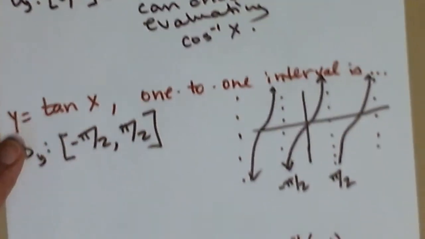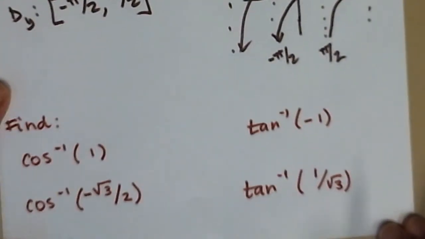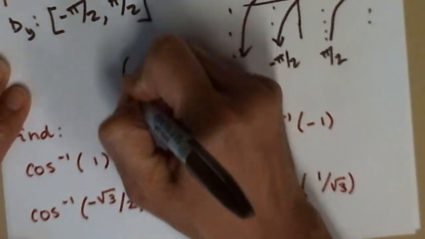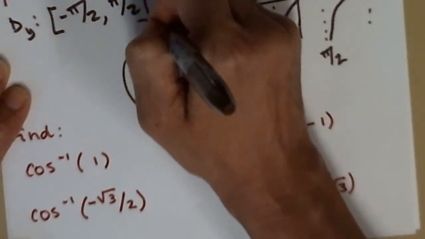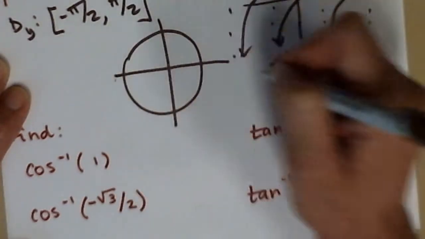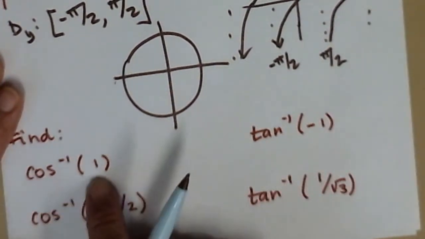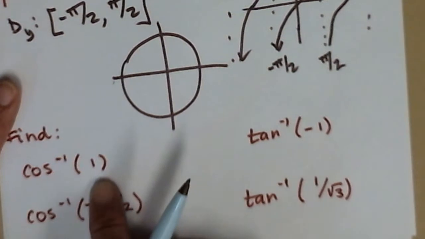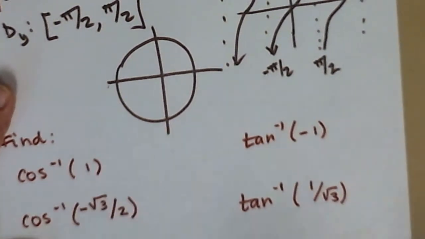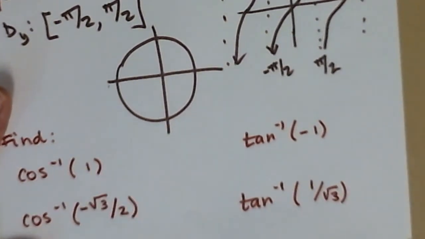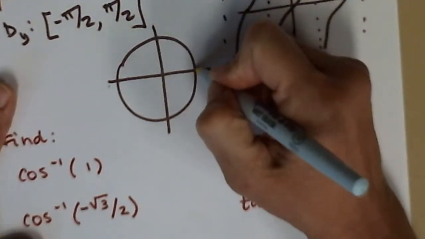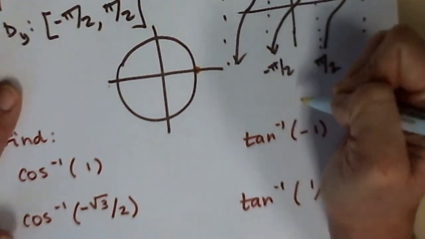Okay, let's see. So inverse cosine of 1. I'm going to draw, again, a little unit circle right here so that I can find those angles. I need to find an angle such that the cosine is 1. Remember, cosine are your x values. So as I go around my unit circle, the x value is 1 over here.